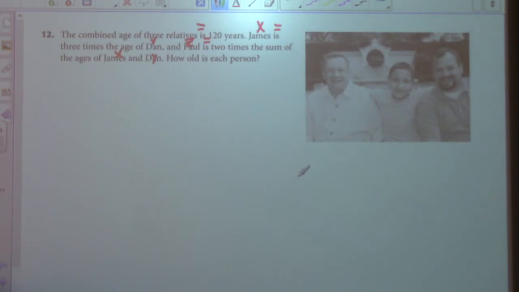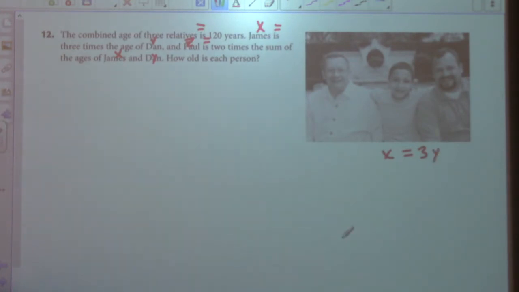James is 3 times the age of Dan. So James is 3 times Dan, and Dan is Y, right? So that's one equation, okay?